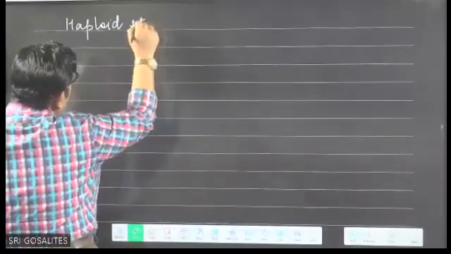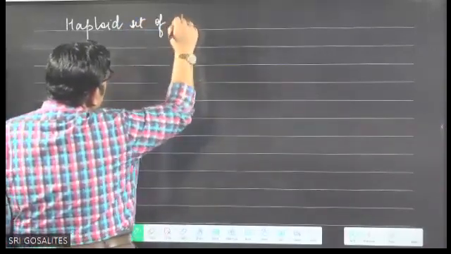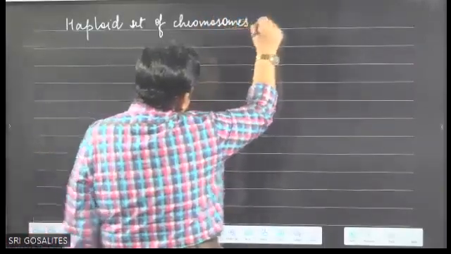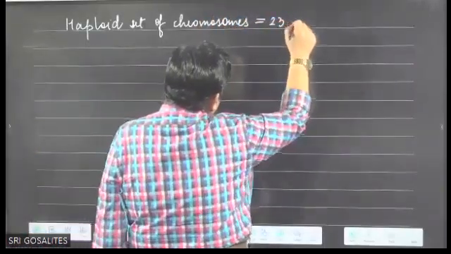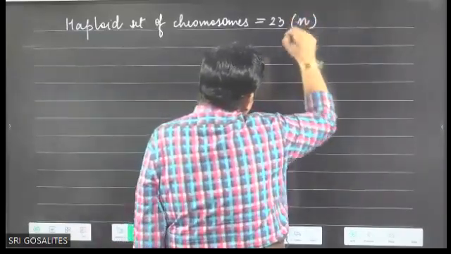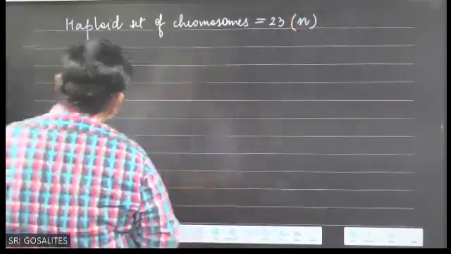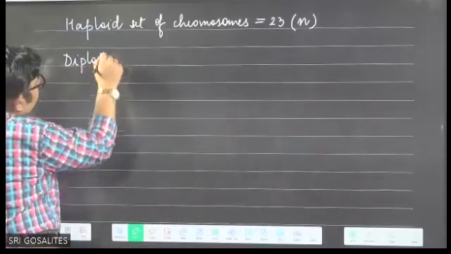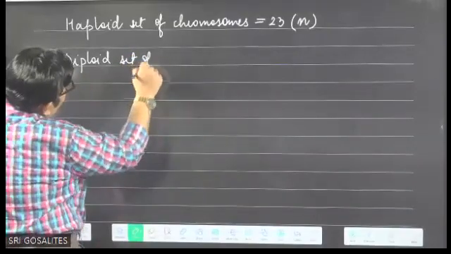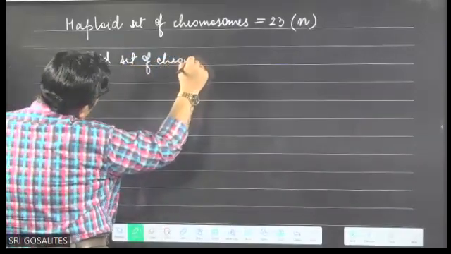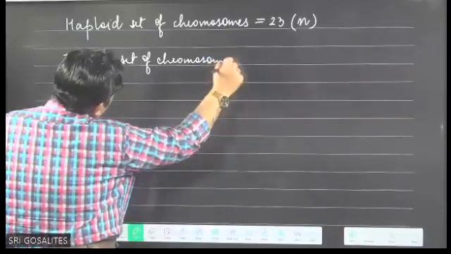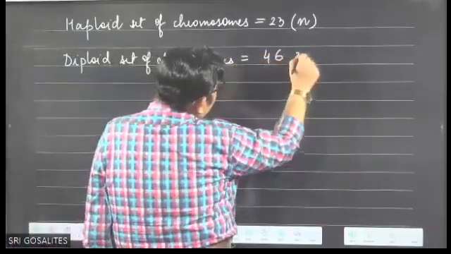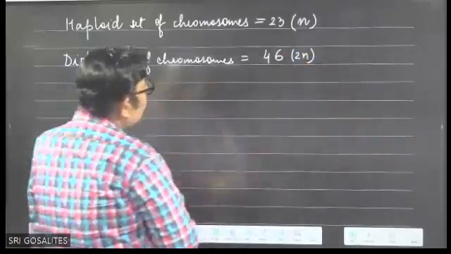Let's learn the word haploid. Haploid set of chromosomes. How many chromosomes are here? 23 chromosomes. And how can we represent it? We can represent it as n. And diploid set of chromosomes, 46, is 2n.